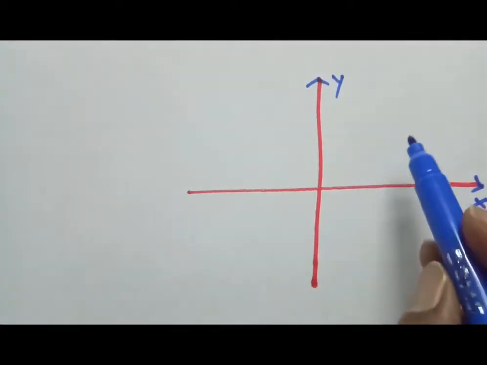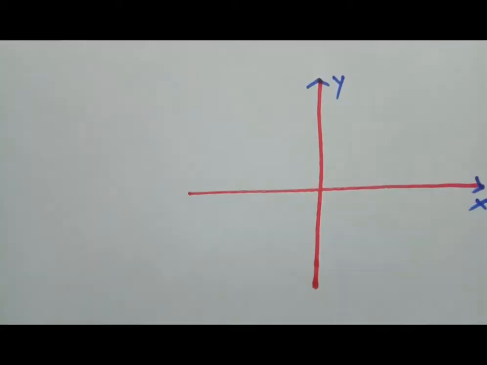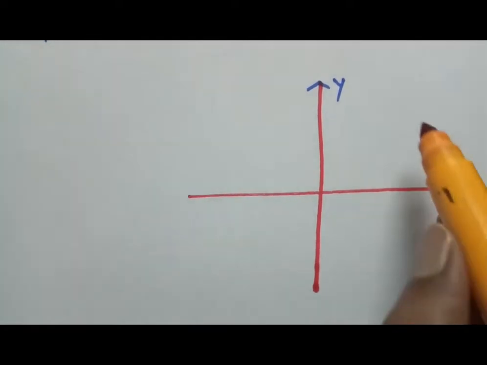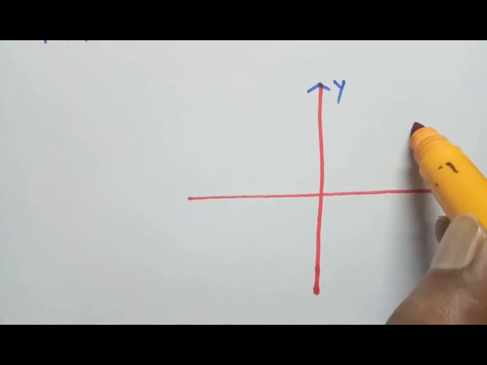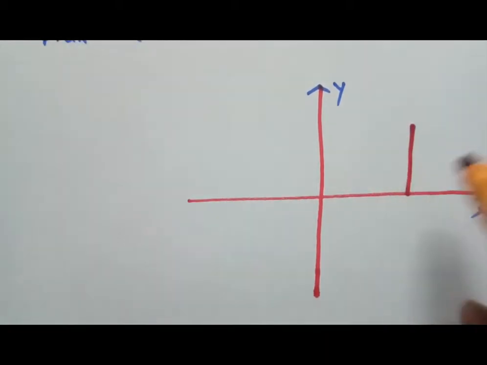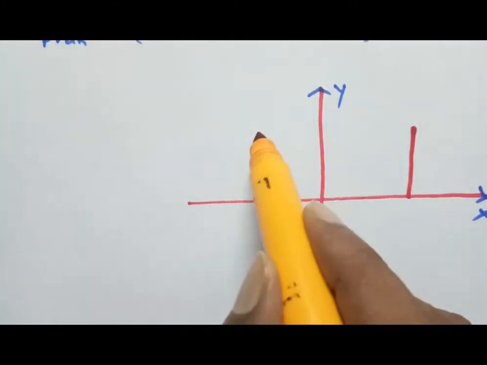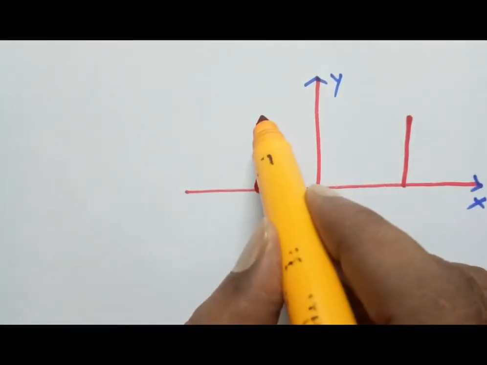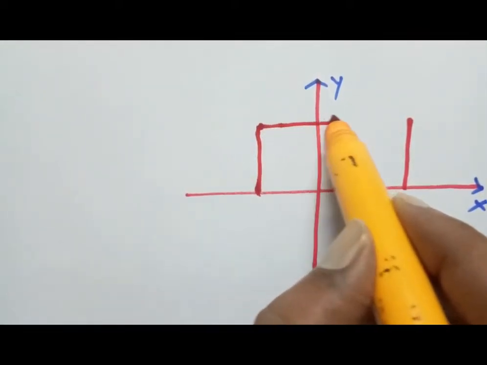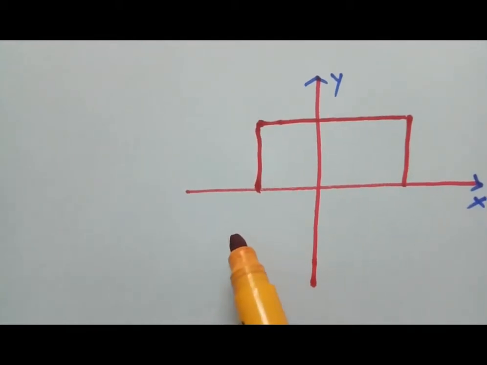Now, x is equal to a. X equal to minus a and y is equal to b.